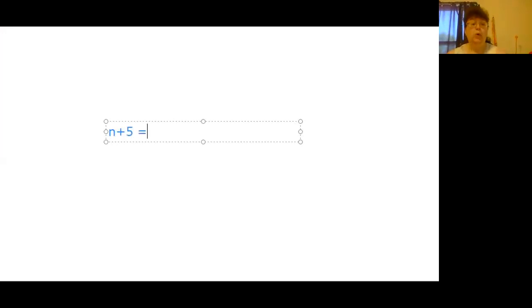Then you have equals 6 times 3. So you have that expression. That is an equation, okay? So you're going to have to solve each side of the equal sign. You can't do anything with this side because we don't know what n stands for, because we don't have a number there.